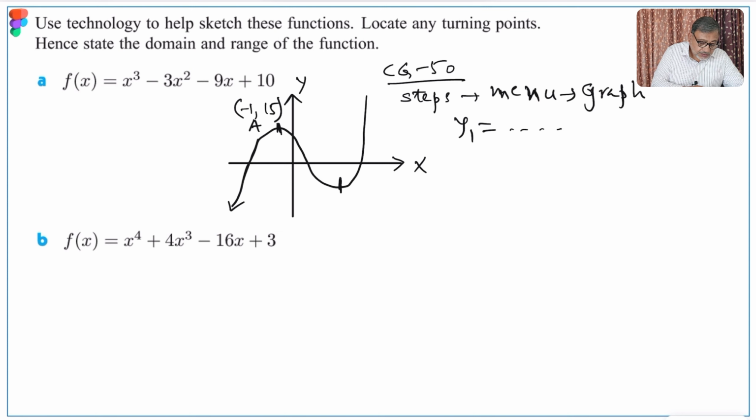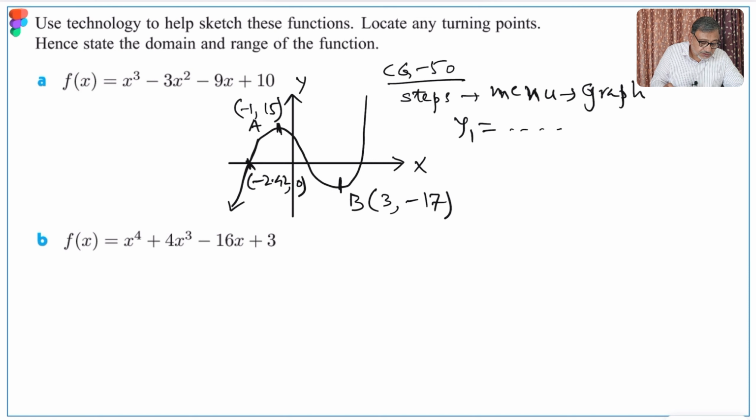and I will write the minimum value also, G-Solve, and the minimum coordinates here, which will be 3 comma minus 17. Then I will find the roots, meaning where it intersects the x-axis. So it will be at negative 2.42, comma 0.